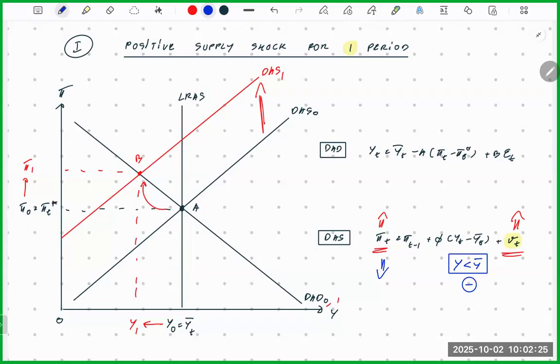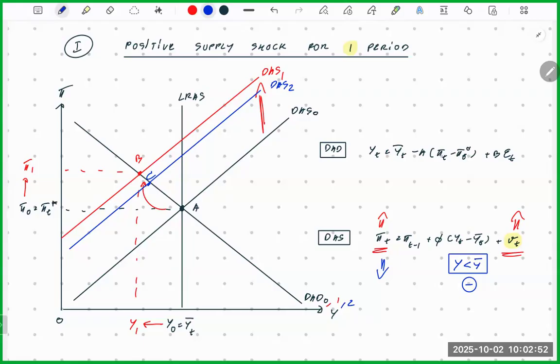The price is going to go down. Inflation is supposed to go down. This is a price mechanism. Year 2, because of this, the price goes down, inflation goes down. So dynamic aggregate supply shifts down a little bit. This is point C. DAS2, demand still the same, comma 2.